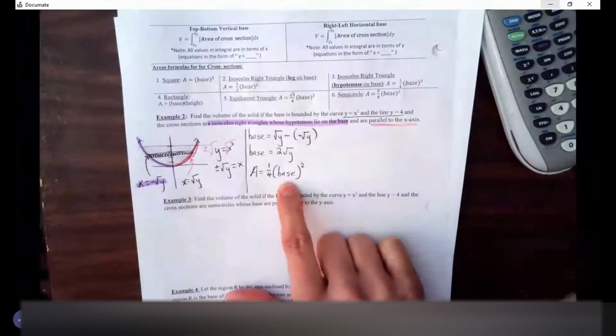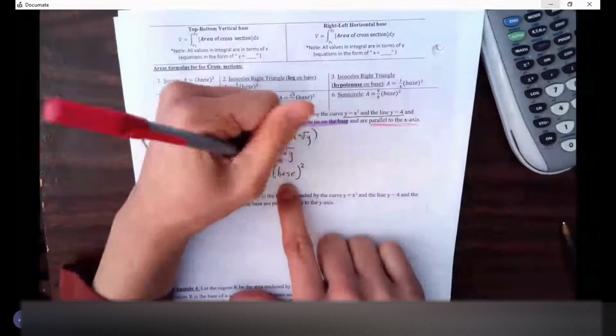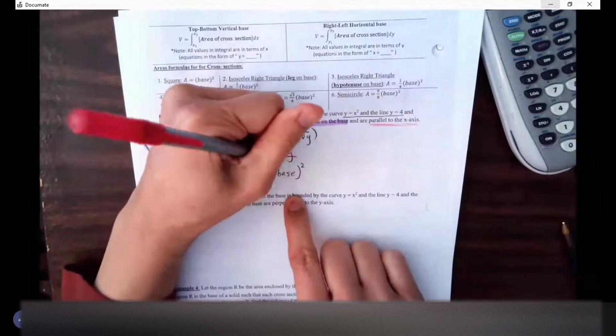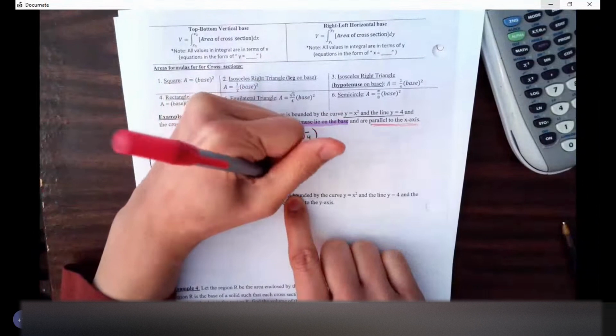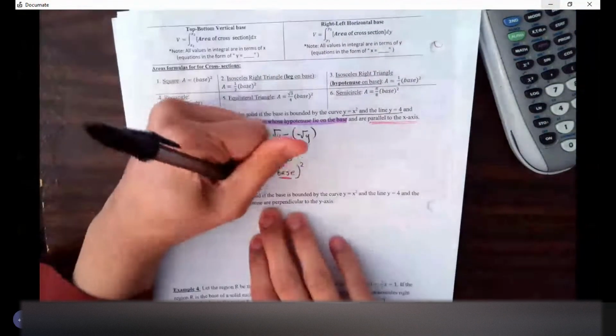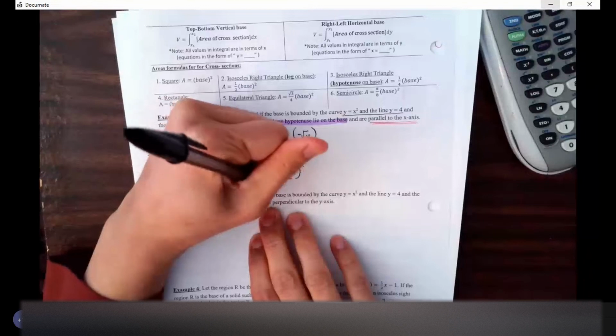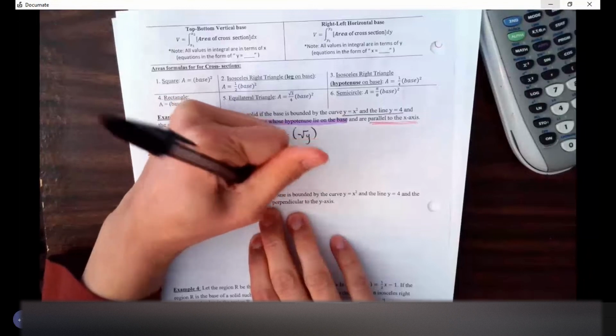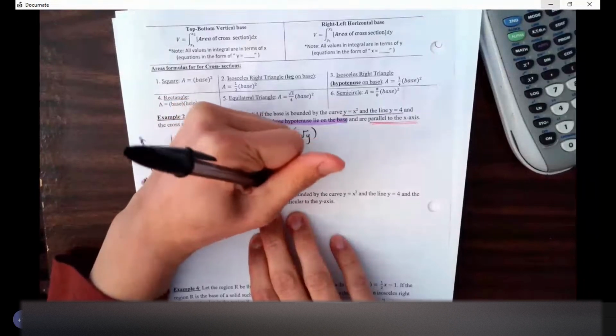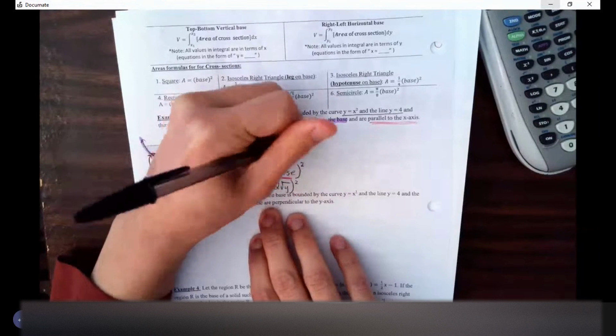Okay, we have the formula identified. Now we're going to be updating the formula with the specific base that we found, which is 2 root y. Okay, any questions so far?